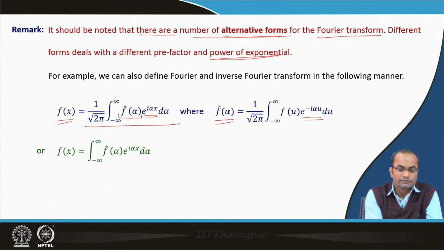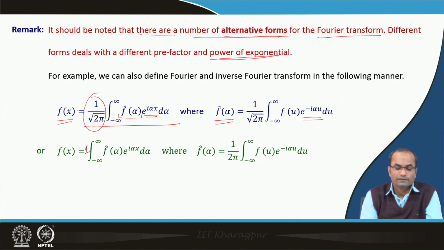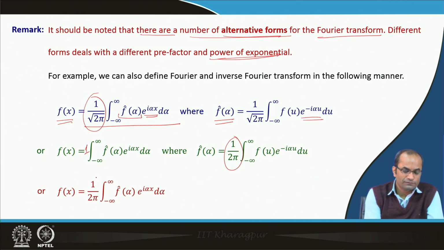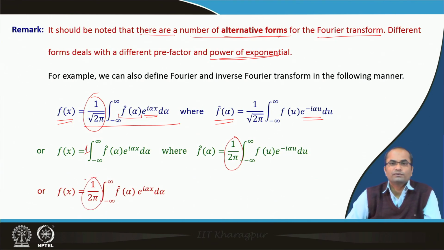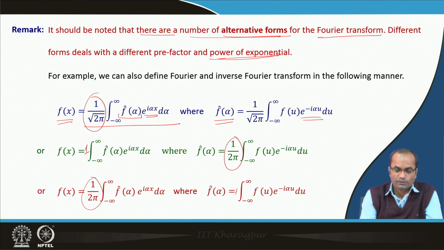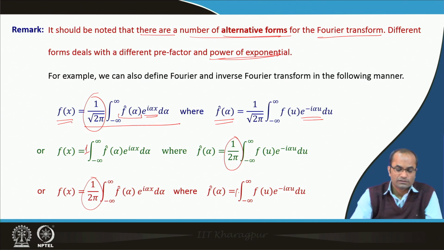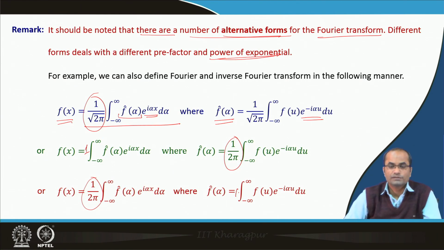Or we can have the one factor there instead, and then we can have the complete factor 1 over 2 pi sitting with this Fourier transform, or this factor may go with the inverse Fourier transform, and then there will be no factor with the Fourier transform. So, these are various forms which are available in the literature.